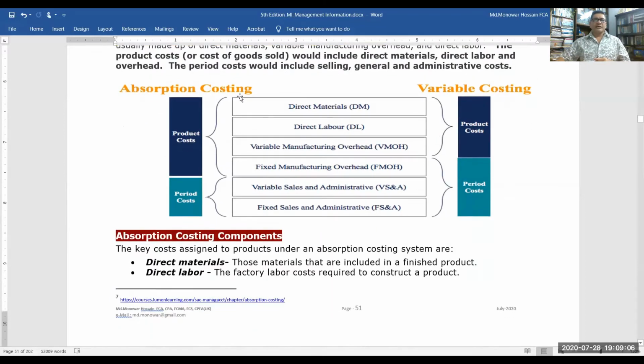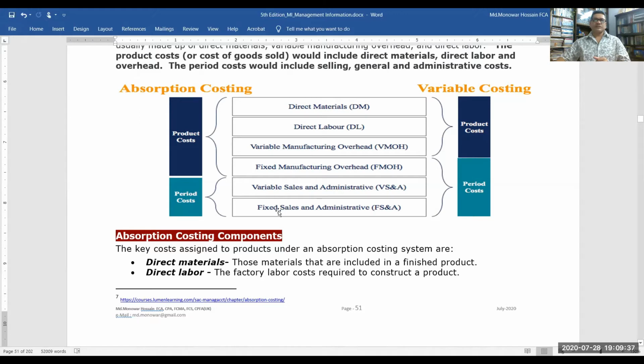If you see the absorption costing, it means direct material, direct labor, variable manufacturing overhead, and fixed manufacturing overhead are all product cost. On the other hand, under variable costing, on the right side, product cost is only the direct material, direct labor, and variable manufacturing overhead. Fixed manufacturing overhead goes to period cost under variable costing.